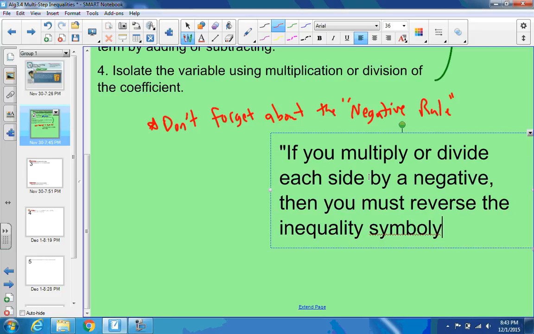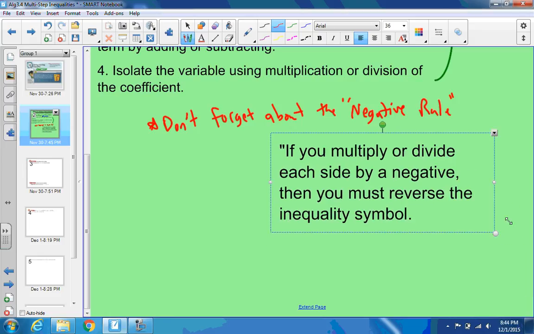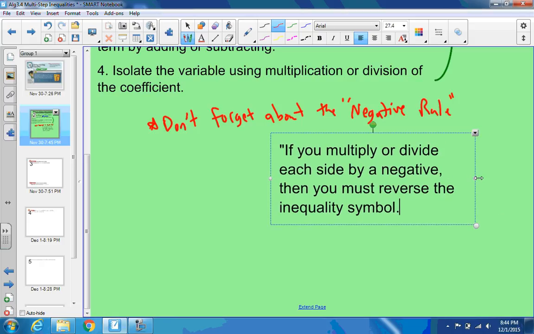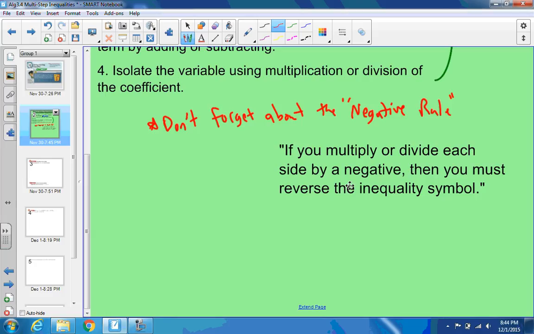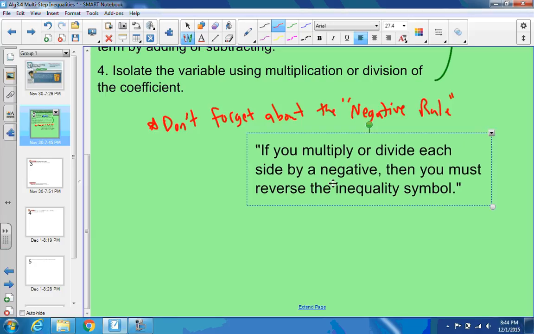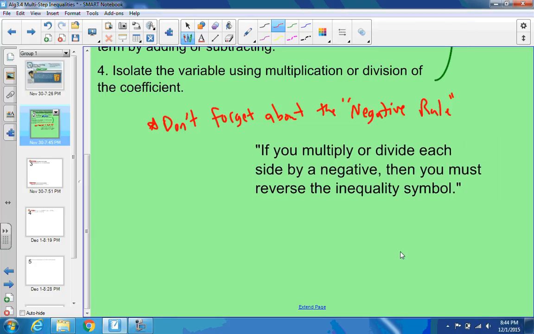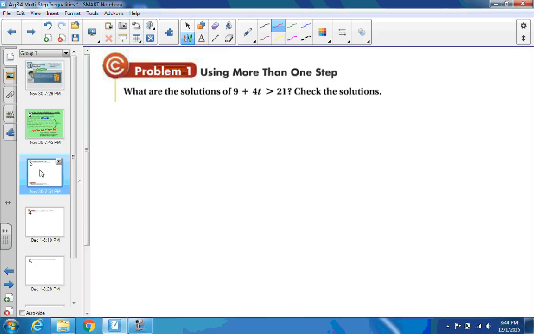So when we're dealing with inequalities, if you have to multiply or divide both sides by a negative to solve it, then right when you do that, you need to reverse the symbol. And we've done that before. Now we're going to do an example. We'll see if we have to use it here at all, and which steps we have to use.